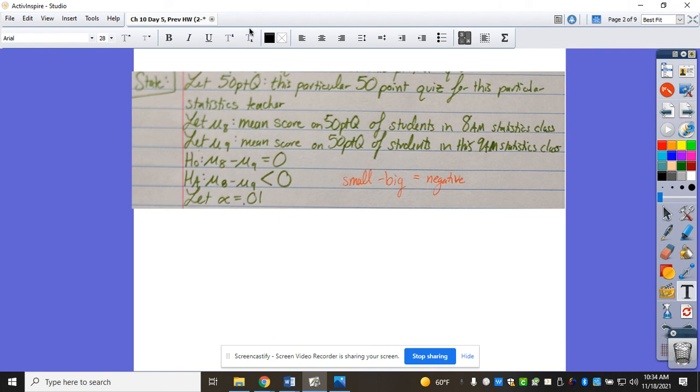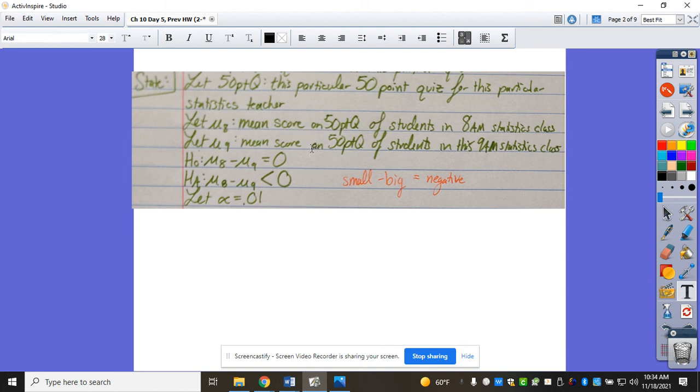I did shorthand notation, something like this particular 50-point quiz for this particular statistics teacher. I can't remember, so the wording might be a little bit different, because at one point it talks about classes and at one point it talks about statistics classes. So I wouldn't be that picky about this problem.